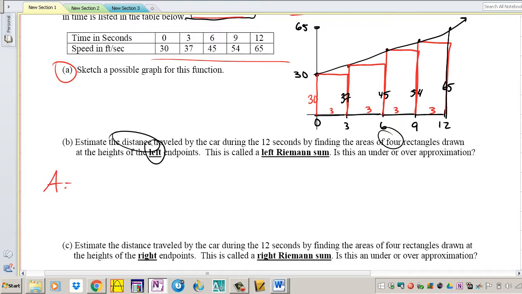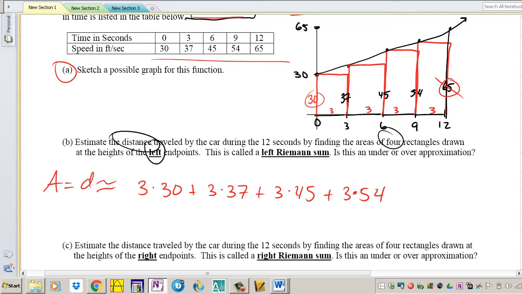So the area or the distance that we're trying to find is approximately the base times the height, which is 3 times 30 plus 3 times 37 plus 3 times 45, and the last rectangle is 3 times 54. Now notice we did not use 65.